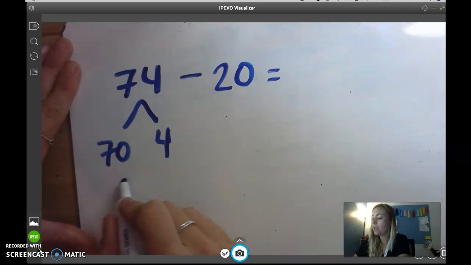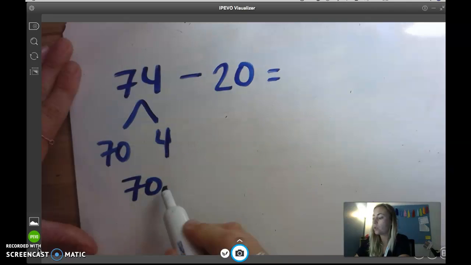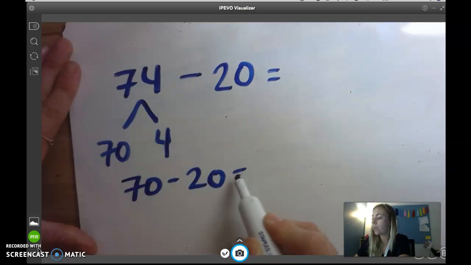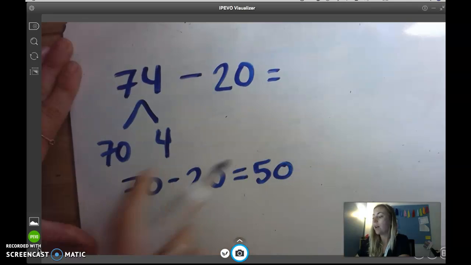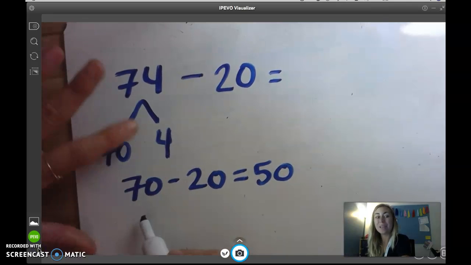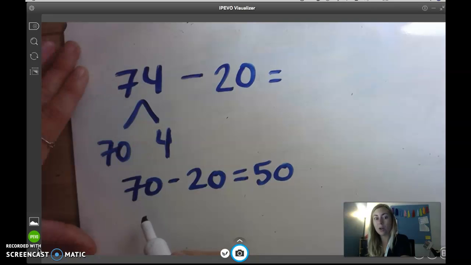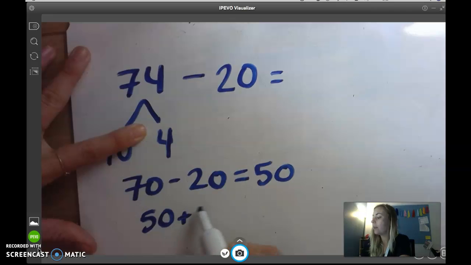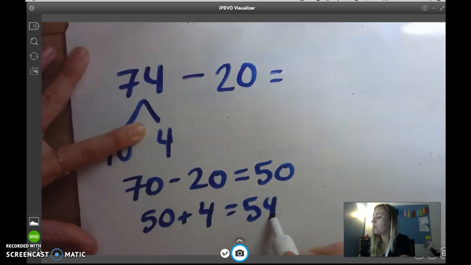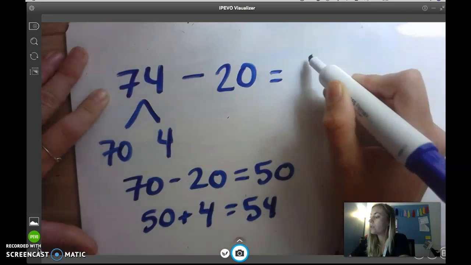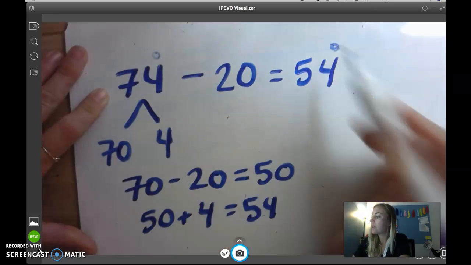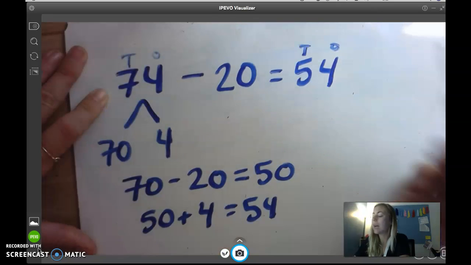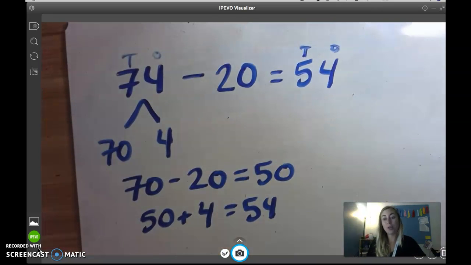So 70 minus 20 is the same as 50. And I still have 4 right here because that 4 hasn't gone anywhere. So I know that I have to add it right here, and my answer is 54. 74 minus 20 is the same as 54. My ones place did not change, and my tens place got 2 groups of 10 smaller.